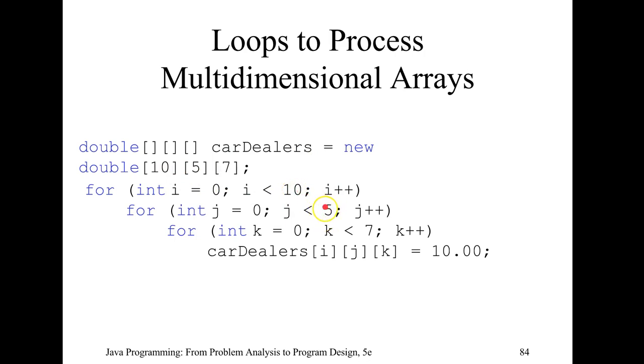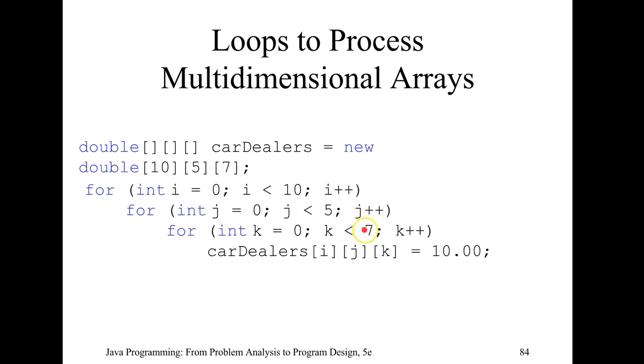This should be carDealers[i].length, and this would be carDealers[i][j].length. Then process whatever's in that row.